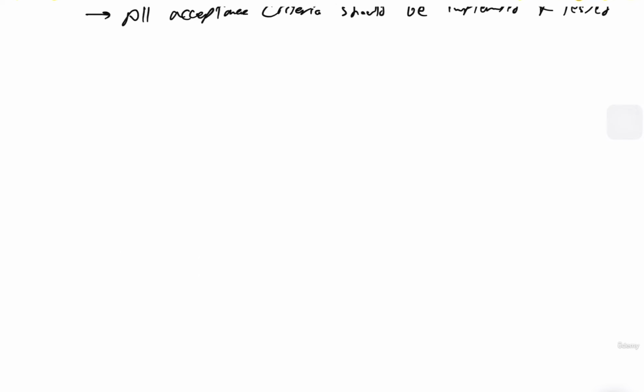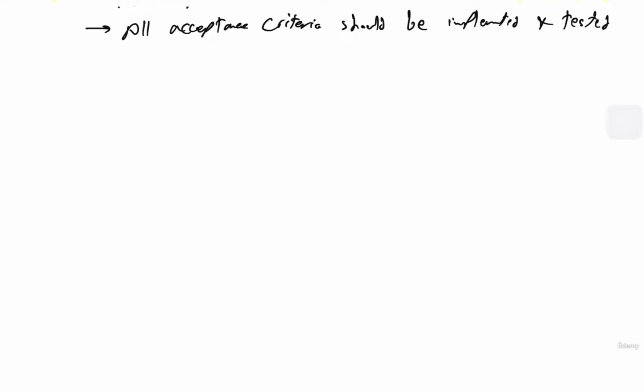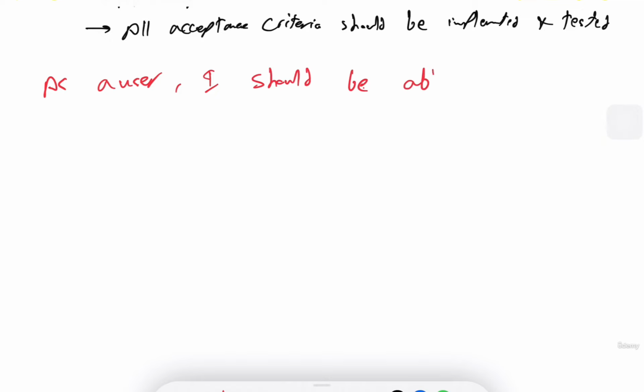For example, we have a user story which is, as a user, I should be able to log in using phone number. This user story is good, but it doesn't include all the necessary information about logging in using the phone number.